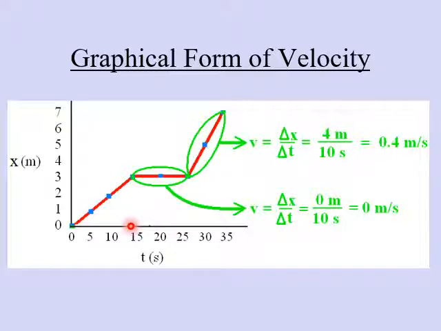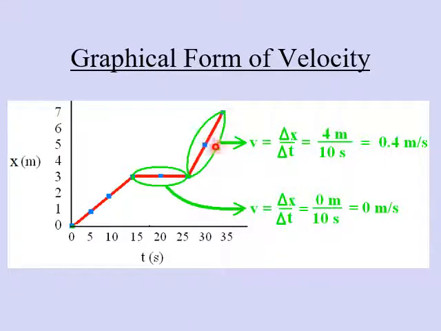So that's a total time interval of 10 seconds. That was how long she was just standing there. So we have 0 divided by 10 is just, of course, 0. This is not a surprise. Her velocity while she was standing still comes out to be 0 meters per second.